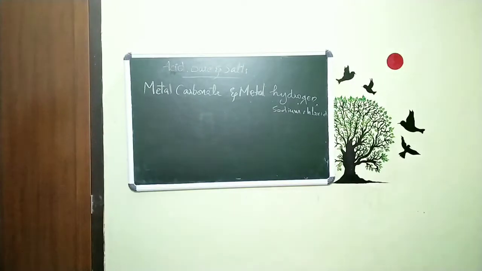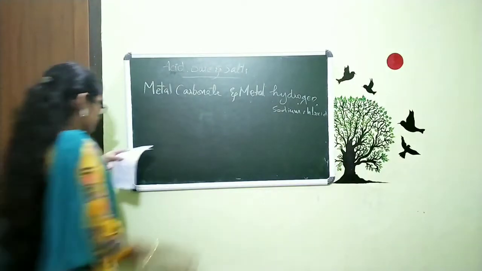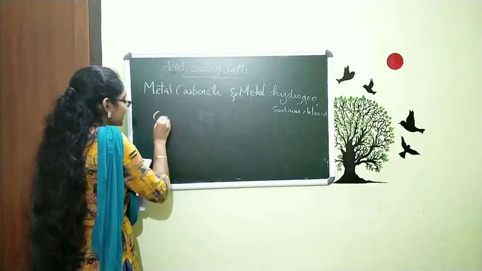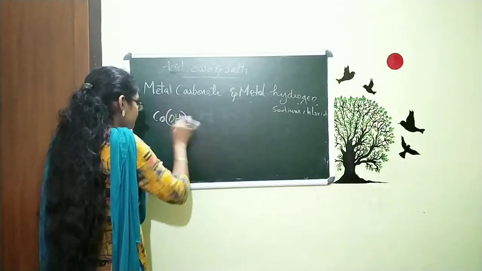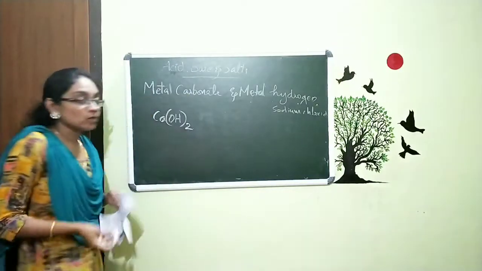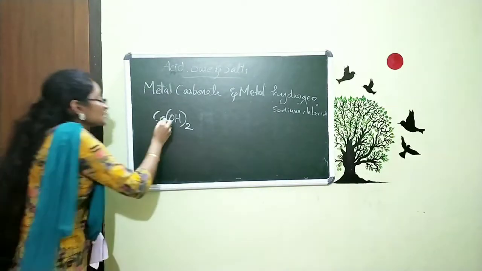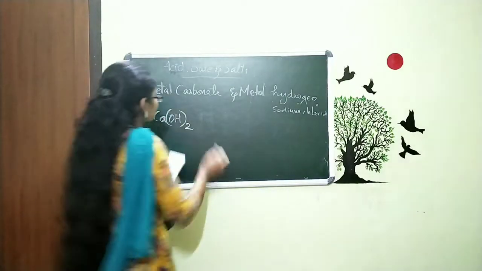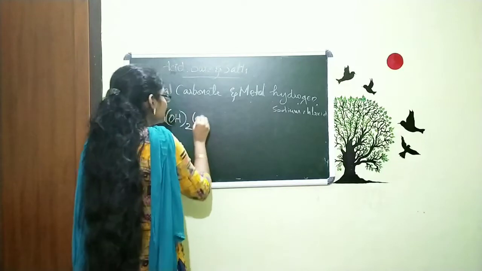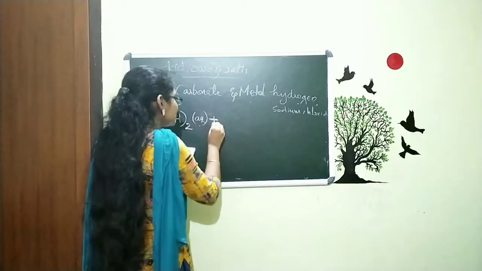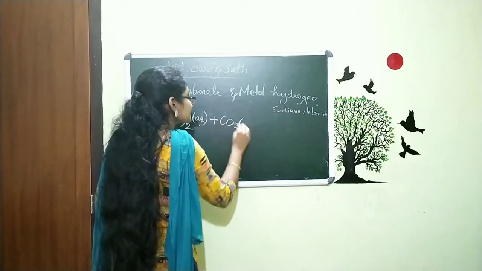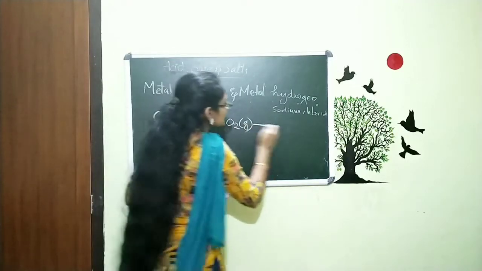The equation is like this. Ca(OH)2, in aqueous form. That means the calcium hydroxide reacts with carbon dioxide gas. What products do we get?